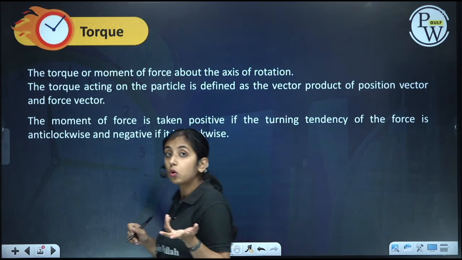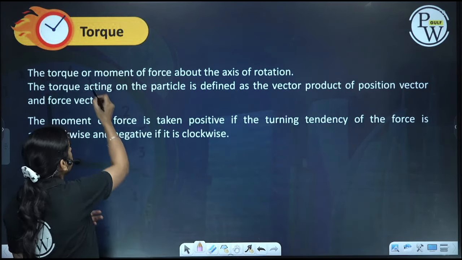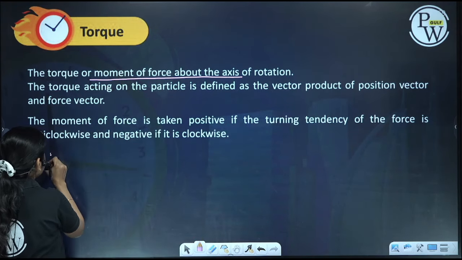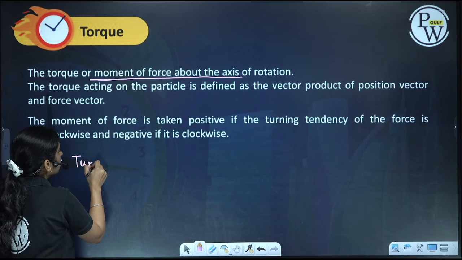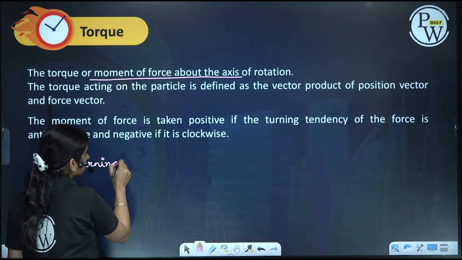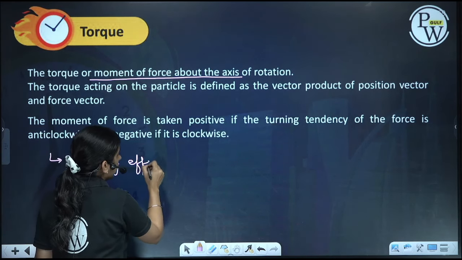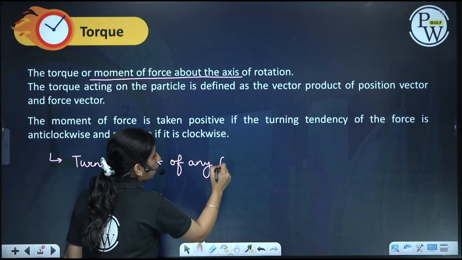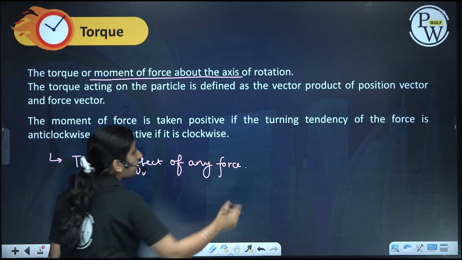So what is torque? The rotating effect of any force is called torque. It is the turning effect. Turning effect of any force is called torque. Now how do we define torque?